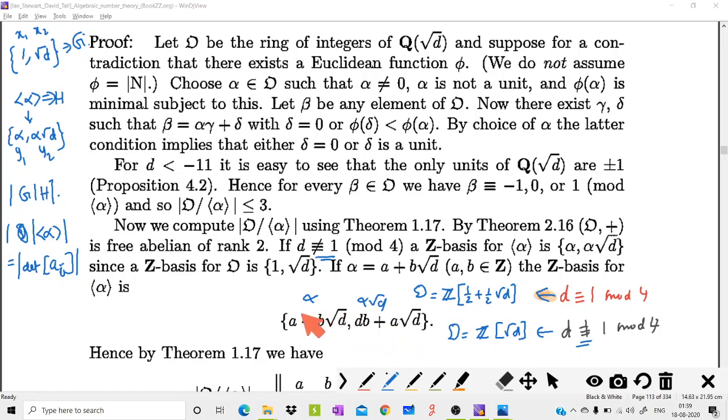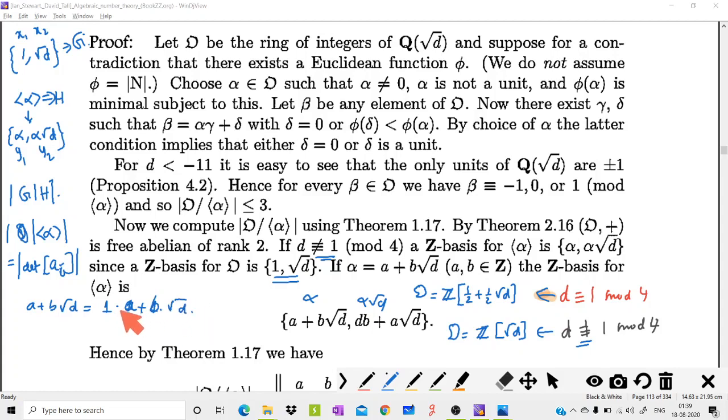First you write alpha, a plus b root d, as a linear combination of 1 and root d, which are the basis for O. So this is 1 into a plus 1 into b into root d.